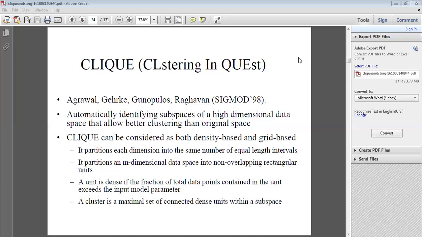After connecting the dense regions, we find the clusters in the subspace, or we can say that a cluster is the maximal set of connected dense units within the subspace.